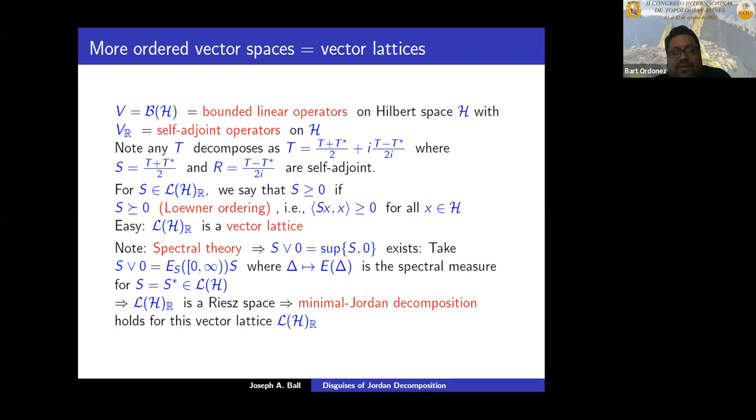The page starts at V equals B of H, which is the bounded linear operators on Hilbert space H. So I scrolled higher rather than lower because I didn't understand what the up and down arrows meant. More ordered vector spaces.